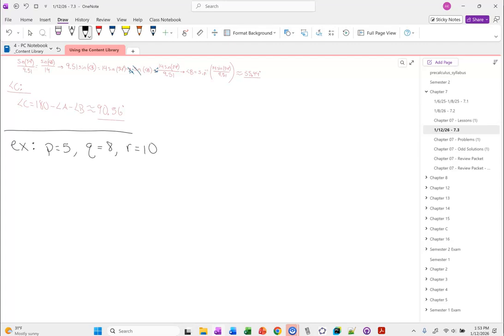Okay, so let's solve this triangle whose side lengths are 5, 8, and 10. First step is to draw and label a picture, and then add in our givens.